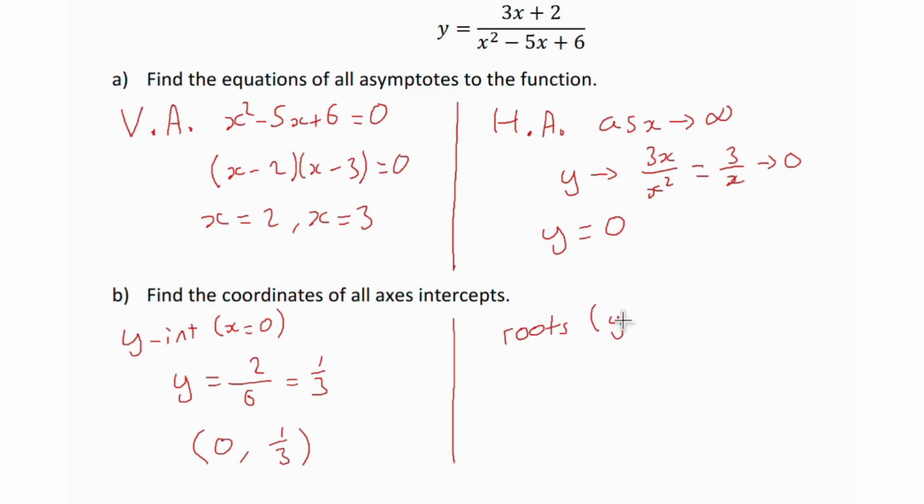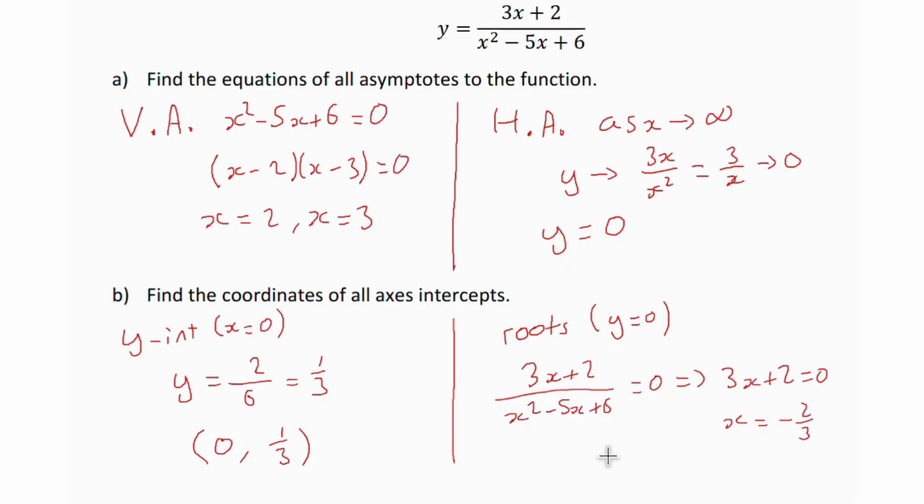Roots are when y is equal to 0, which means we have (3x + 2) over (x² − 5x + 6) equal to 0, which is only true when 3x + 2 is equal to 0. So x is equal to −2/3. So our root is (−2/3, 0).